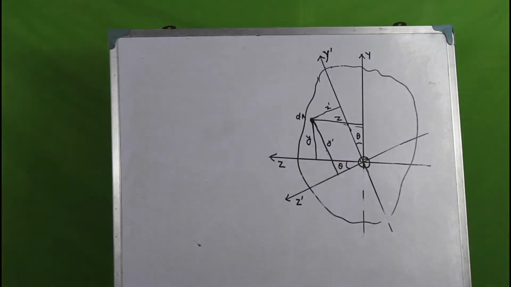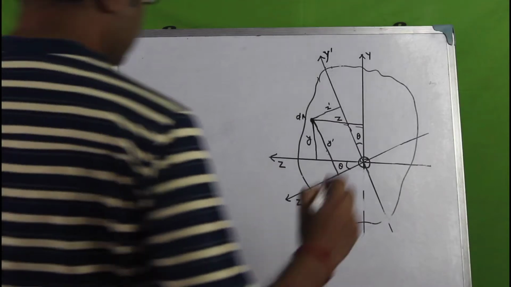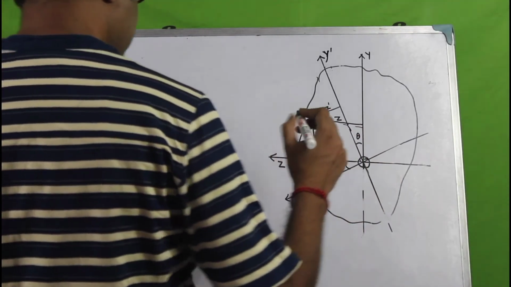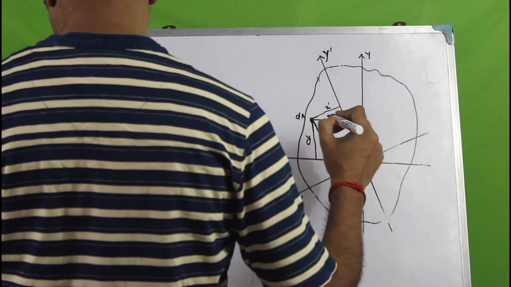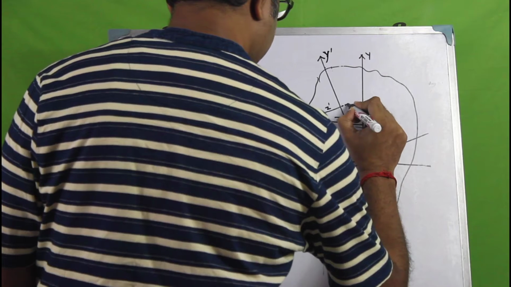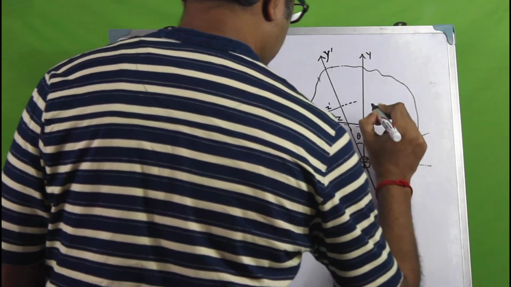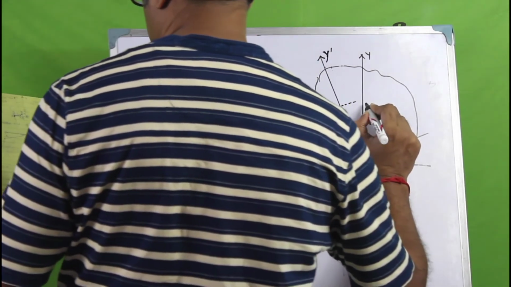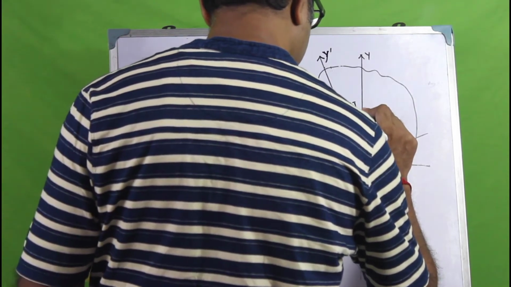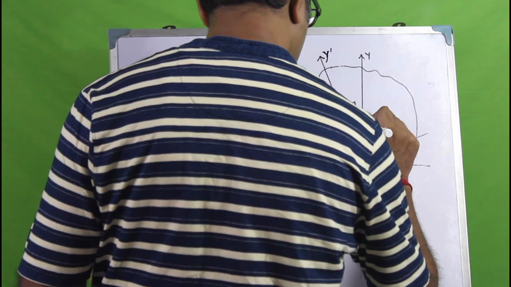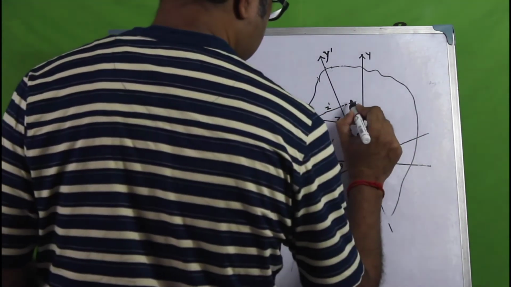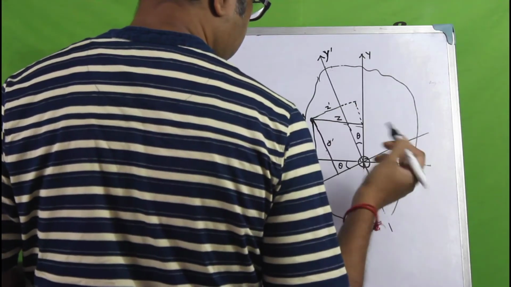Okay, now we need to do a small construction here. So let us extend this line and let us drop a perpendicular from this line to this particular point. So this is 90 degrees, right?